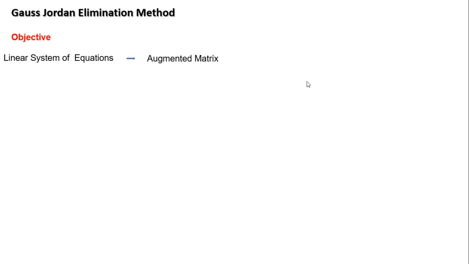We can convert a linear system into a matrix form, and this is called an augmented matrix form. It's super easy to do this. Once we do this, the way we're going to solve is what your calculator calls the RREF, or reduced row echelon form, or again, the math term is the Gauss-Jordan elimination method.